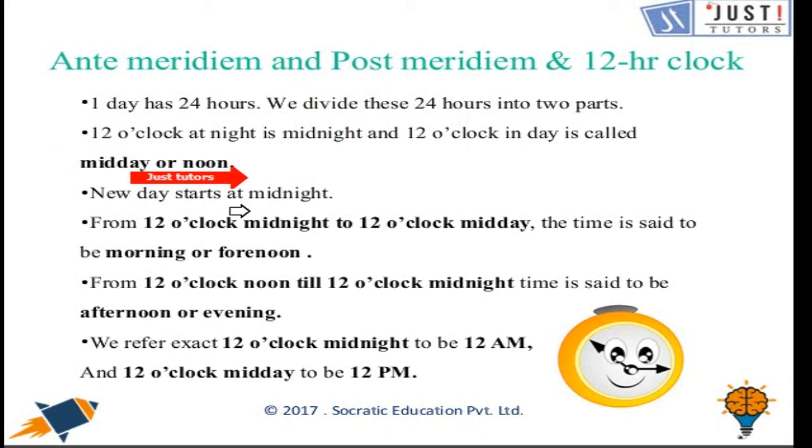So basically the new day starts at midnight, and from 12 o'clock midnight to 12 o'clock midday, the time is said to be morning or forenoon. And from 12 o'clock noon to 12 o'clock midnight, time is said to be afternoon or evening. Most of the time you'll use a 12-hour clock in your home or in your school to tell the time.